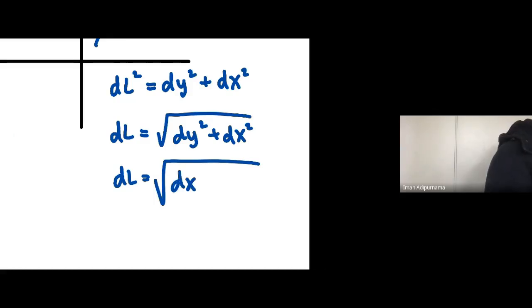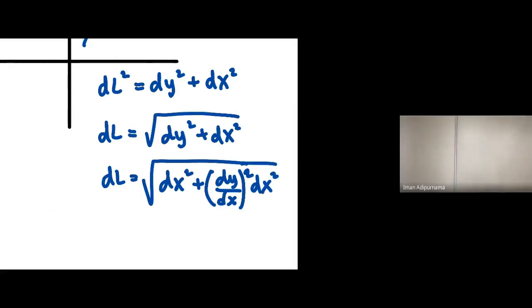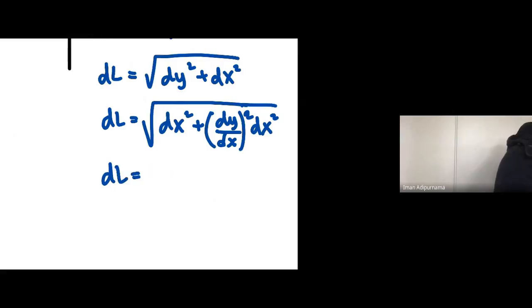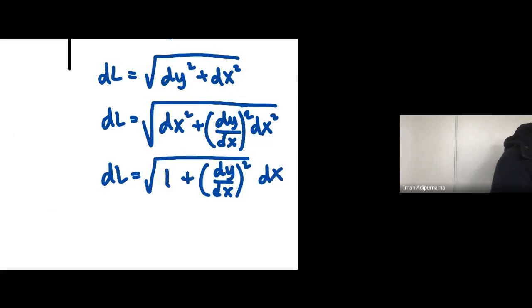Let me just write dx squared plus dy over dx squared times dx squared, to make it consistent with our previous formula, and then solve it. Simplify this formula. So dl equals the square root of 1 plus dy over dx squared, and then I move the dx outside.